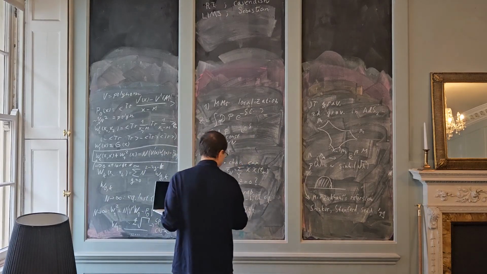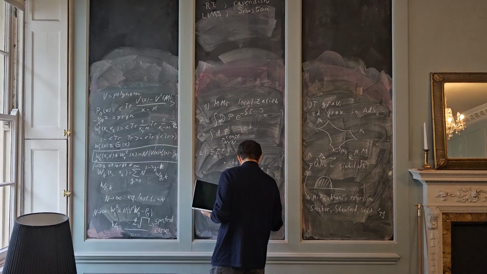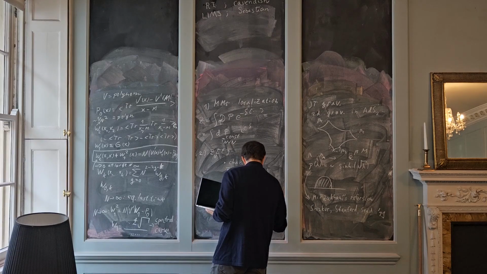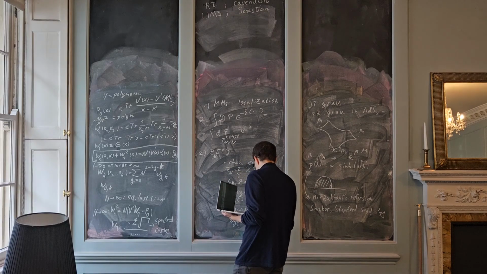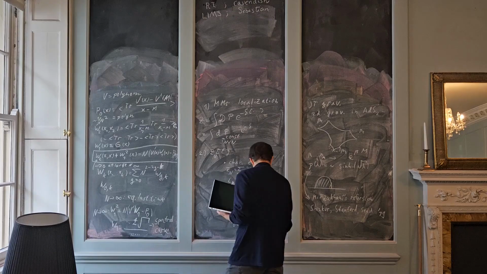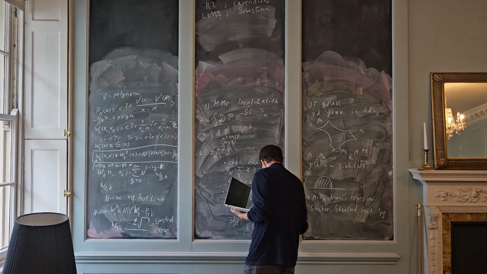And they will satisfy bilinear equations known as Hirota equations, also related to integrable hierarchies for people familiar with this language, specifically to the KP hierarchy, for which they are what's known as tau functions.